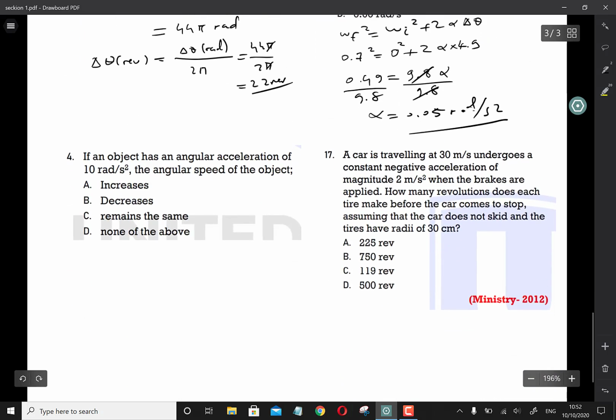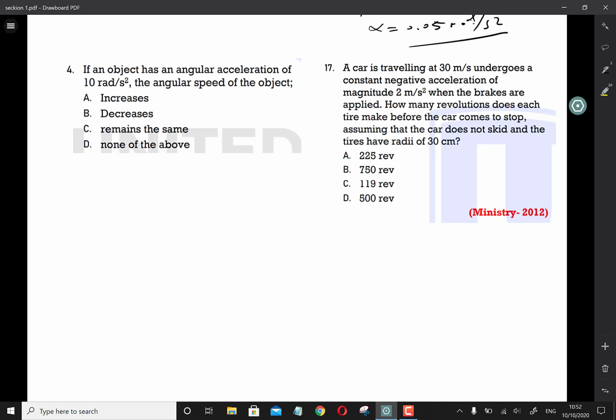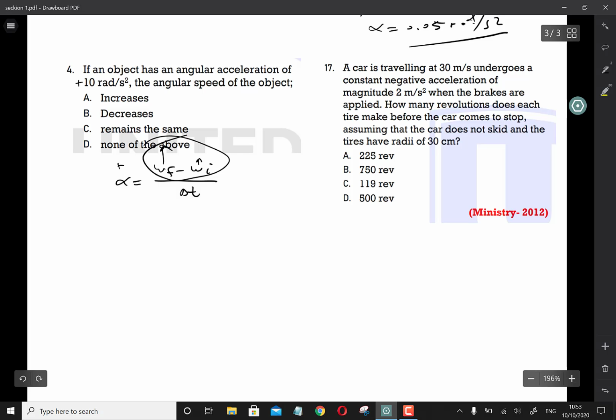And question number 4 is the next one. If an object has an angular acceleration of 10 radian per second squared, so here the number is positive, the angular speed of the object will do which of the following? We know that alpha is equal to omega final minus omega initial divided by delta t. If alpha is positive, omega final must be more than omega initial, so the result will be positive.